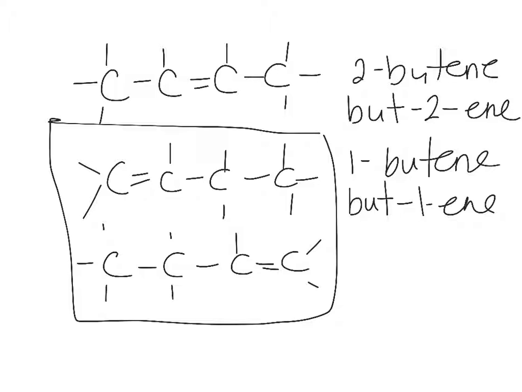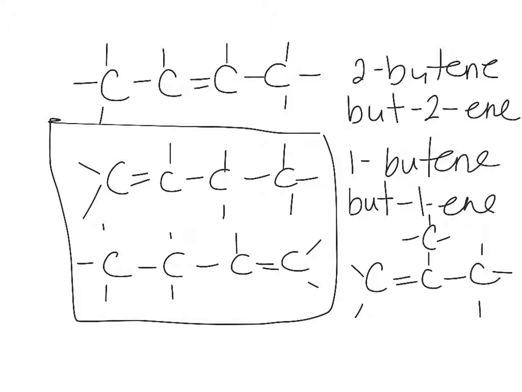So Nikita said 2-methyl but-1-ene. You always have to say where your side groups are, and where the double bond is. Technically, that would be 2-methyl propene.